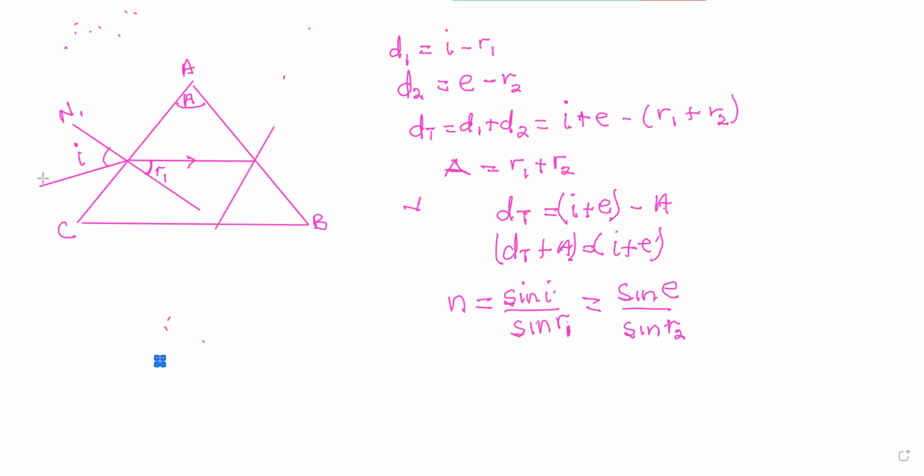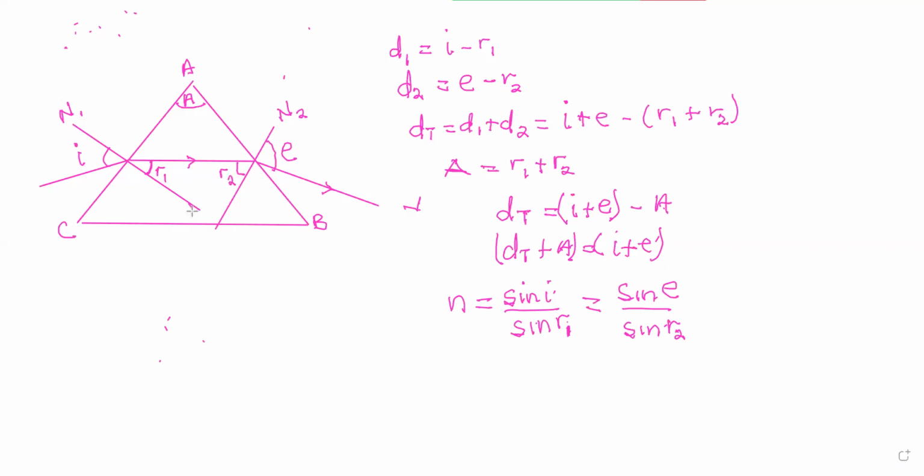That's a normal, the second normal, N2, and we expect the ray to deviate away. This is the angle of emergence. This is the second angle of refraction, R2.